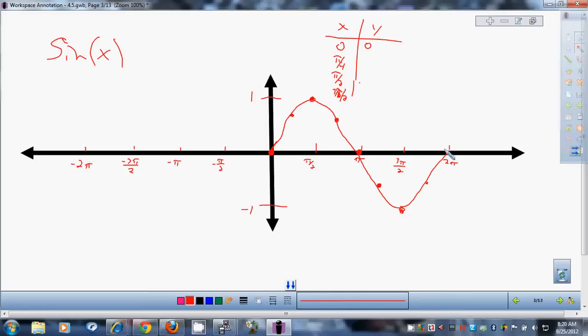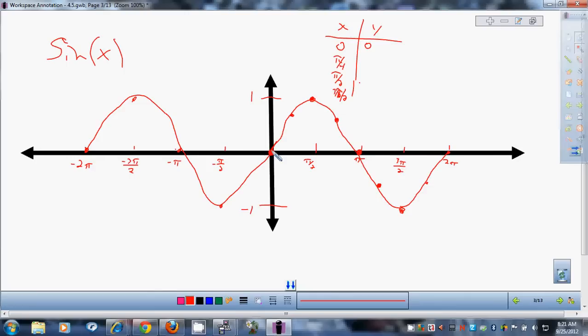Similarly, it's going to do the same thing if I were to go in the negative direction. I'm not going to require you to do that right now, but if I asked you to find the value at negative pi over 2, negative pi, negative 3 pi over 2, and negative 2 pi, you would find those values.